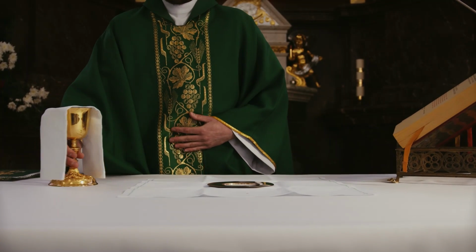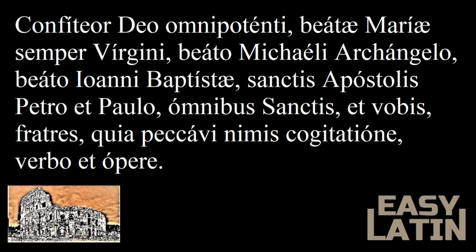This is the Confiteor, which goes, Confiteor Deo omnipotenti, Beatae Mariae semper Virgini, Beato Michaeli Arcangelo, Beato Ioanni Baptistae, Sanctis Apostolis Petro et Paulo, omnibus sanctis, et vobis, fratres, quia peccavi nimis cogitatione, verbo et opere.